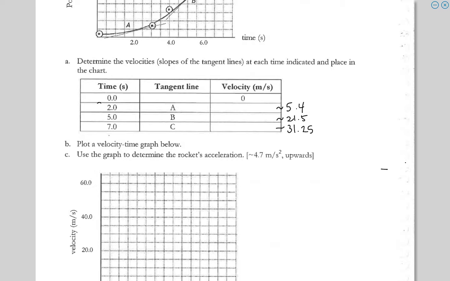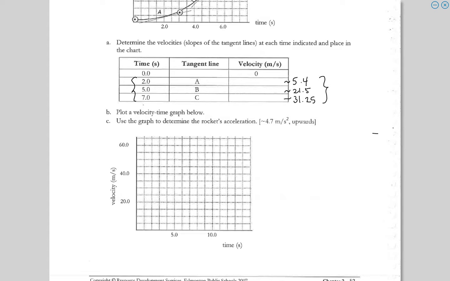Now, what do you notice? As time is going on, the velocity is increasing, okay? So you are going to plot these data points, and you're going to do a line of best fit. I don't know, maybe your data points look like this, I'm not sure. And then you're going to do a slope calculation of a VT graph.